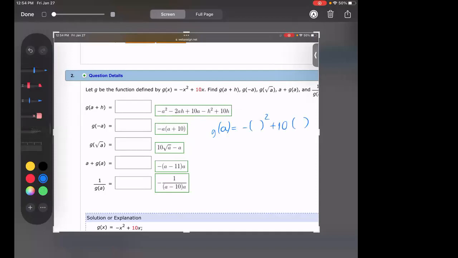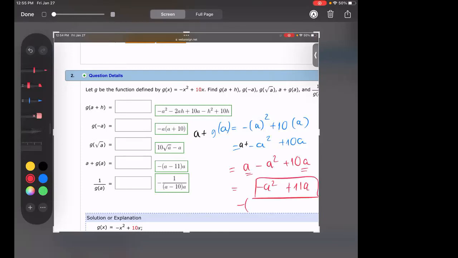You plug it into the function G, so you get negative A squared plus 10A. And then A plus G of A: A plus the function. You simplify: A minus A squared plus 10A. Combine like terms, you get negative A squared plus 11A.